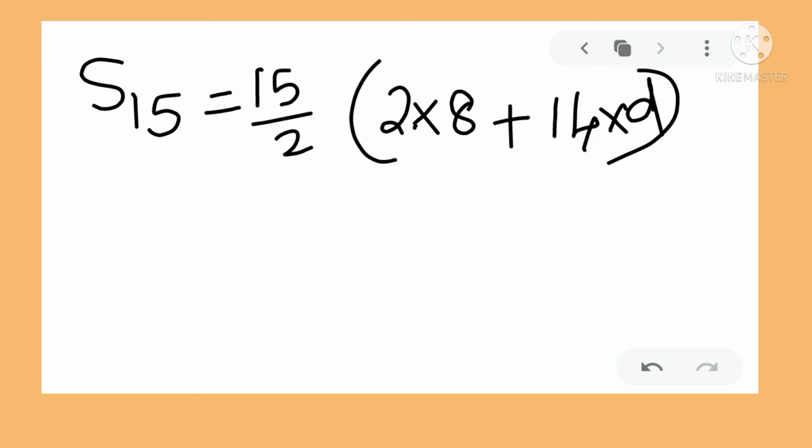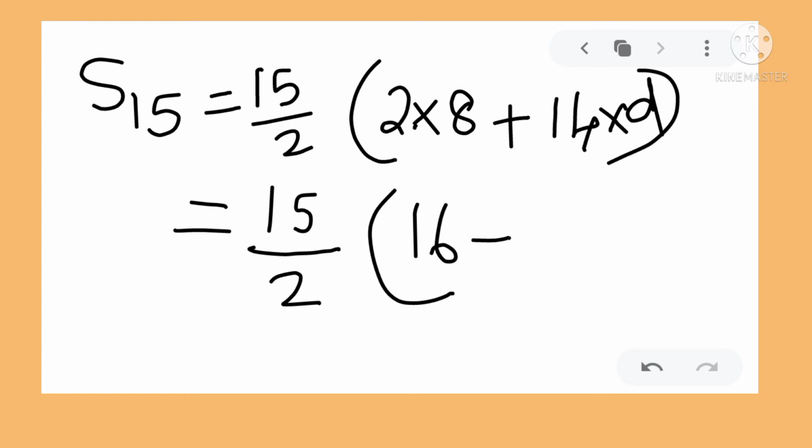Or you can use n by 2 into (a plus l). Here first we want to find the sum using this method: 15 by 2 into 16 plus, here d is 8, then 14 into 8, 112.